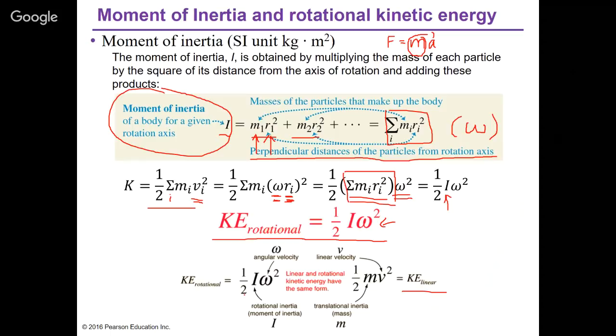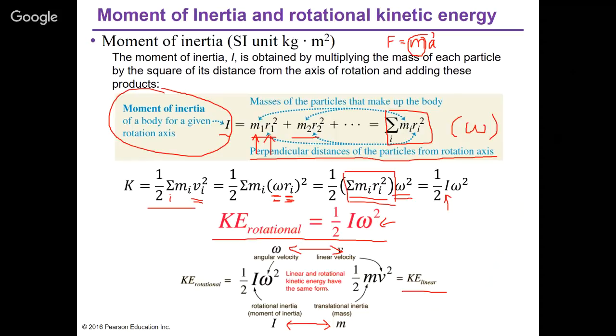This is half I omega squared, and for linear motion you have half m v squared. Omega and v are direct analogs, and the rotational inertia, or the moment of inertia, is exactly an analog of the translational inertia, which is the mass.